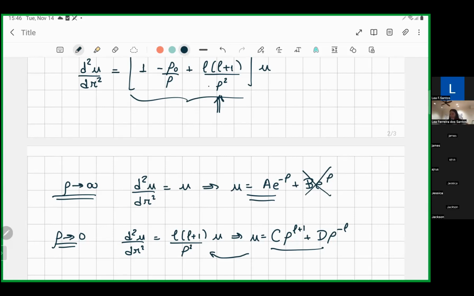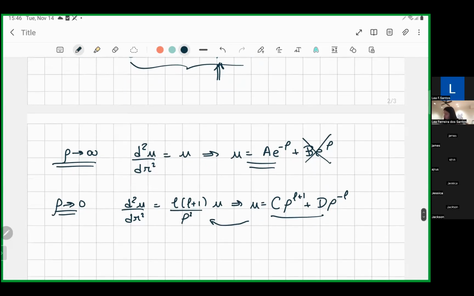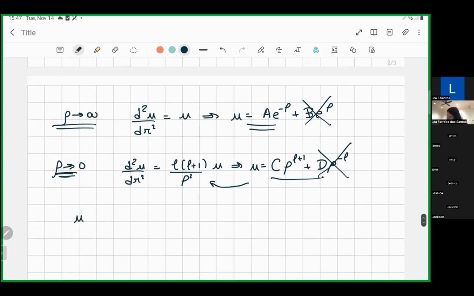Okay, all right, so then we said, but now when rho is very small, this one is not good because this is going to explode, so we keep only the other one. So the solution for the u was rho to the L plus 1. So this piece here, and then this part here, e to the minus rho.